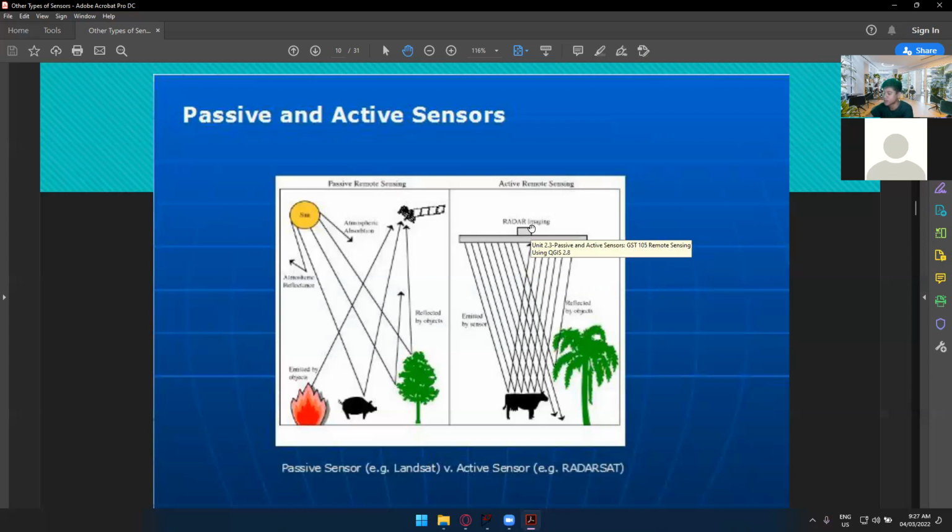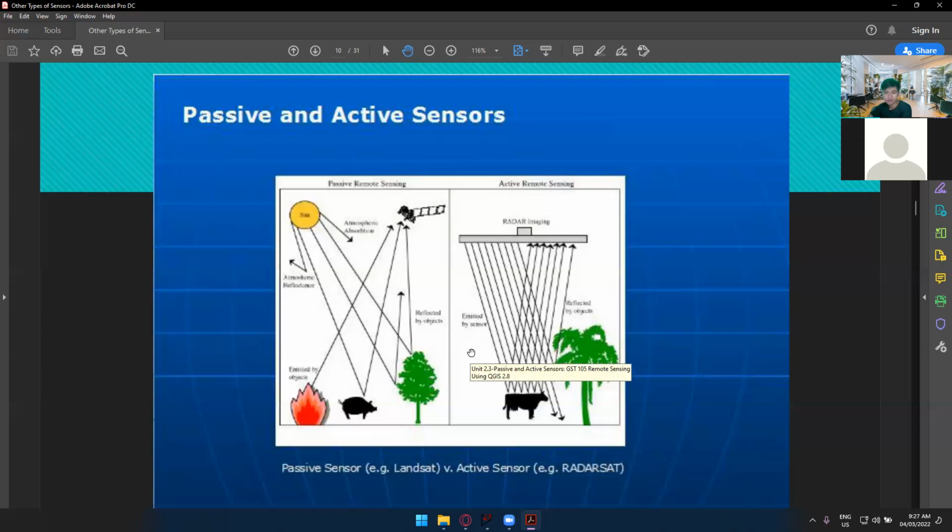This one is also using radar imaging. Anyway, that is one example of passive and active sensing.